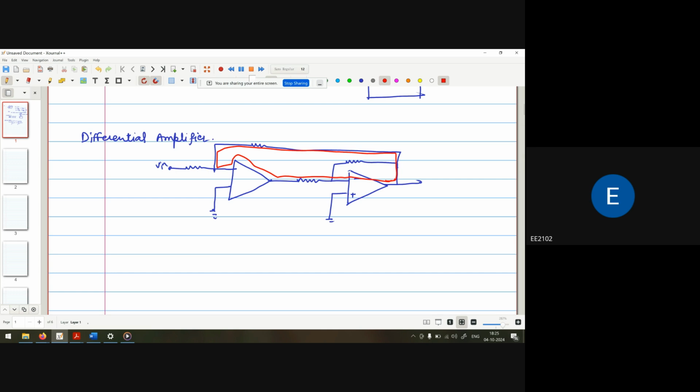This is my loop. Now I just break the loop, and I slightly change the voltage.